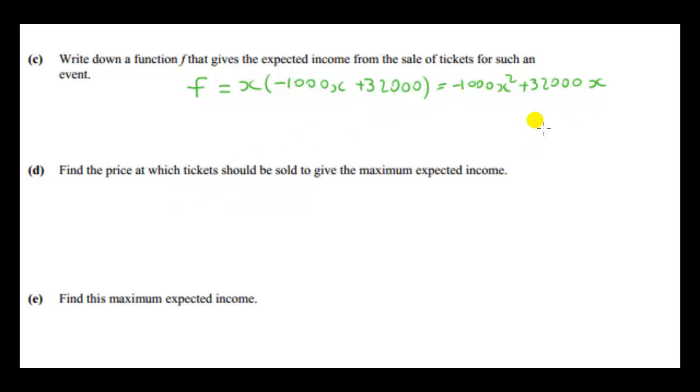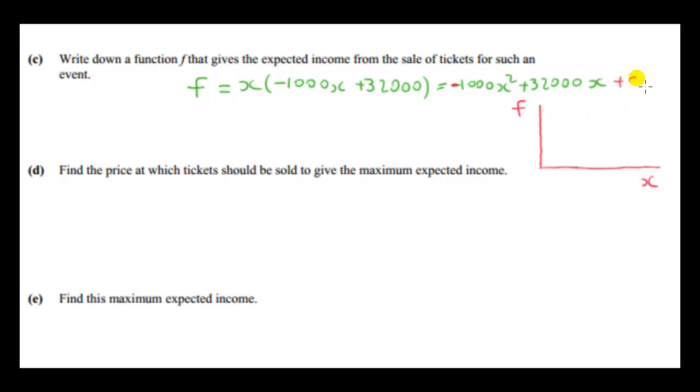Okay, let's look at a graph of this function. So f is the expected income and x is the price of each ticket. Now, if it's a quadratic function, its shape is a parabola. And since the x squared term is negative, we have an inverted parabola. What about the intercept on the f-axis?